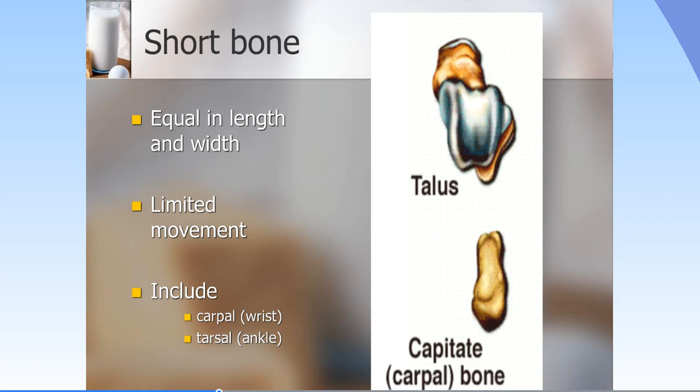It also allows you to give while running on uneven ground, so that we don't succumb to the forces and get injuries there. We have a little bit of give within these bones. So yeah, useful little bones, as I say, found within the wrist and the ankle.